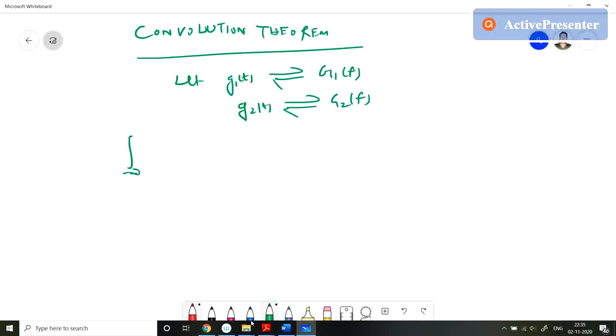Then if we find the Fourier transform of the integral from minus infinity to plus infinity of g1(tau) g2(t minus tau) d tau, it is equal to G1(f) multiplied by G2(f).